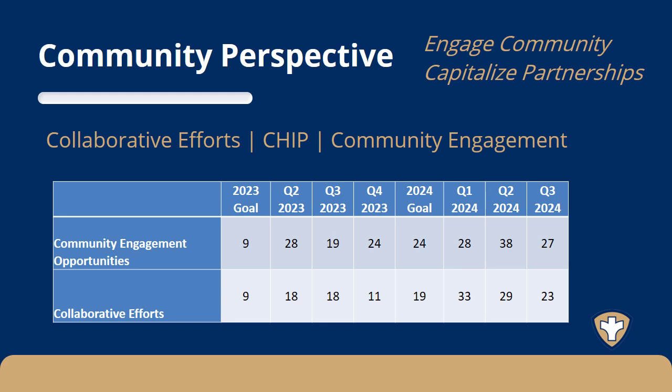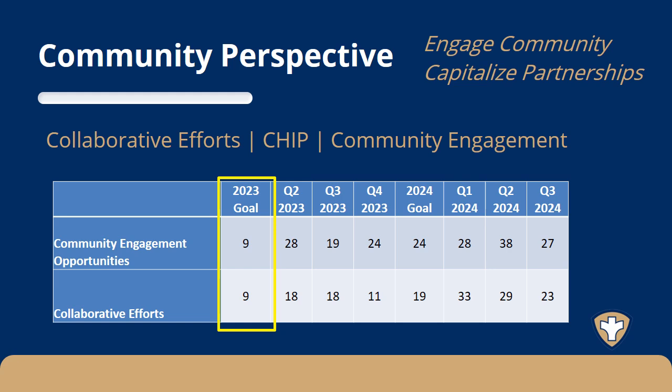So this group has been actively working on tracking and increasing the number of community engagement opportunities and collaborative efforts made in Defiance County. You can see that the goal for 2023 was for 9 of each of these activities. You can also see that in quarters 2, 3, and 4 that these were far exceeded.